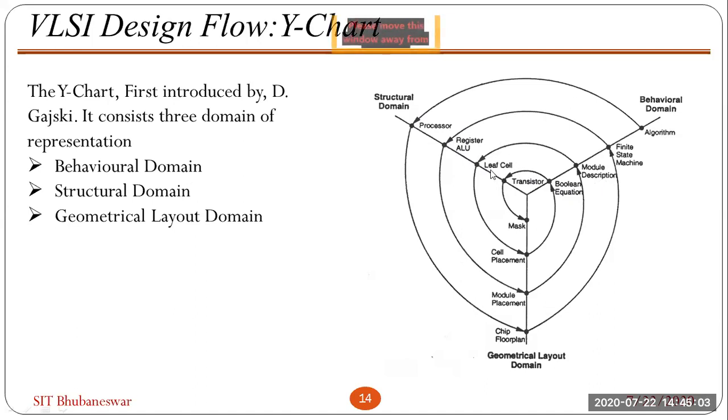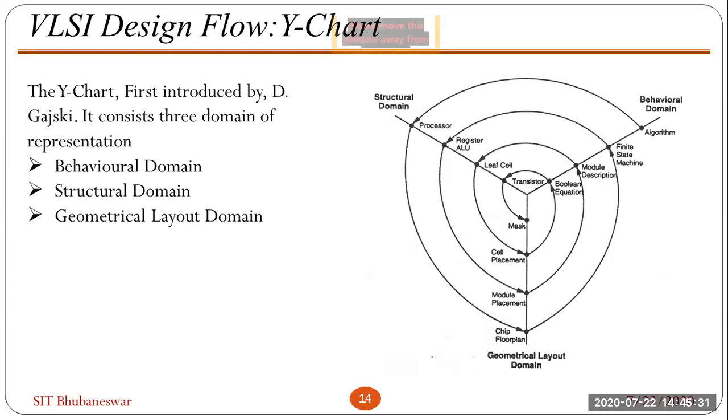The leaf cells are the gates: NAND gate, NOR gate, XOR gate, or D flip-flop. In Boolean algebra, the bottommost behavioral level, these are the Boolean equations. So you can map to transistors in the structural domain. Finally, you will do the circuits in transistors.